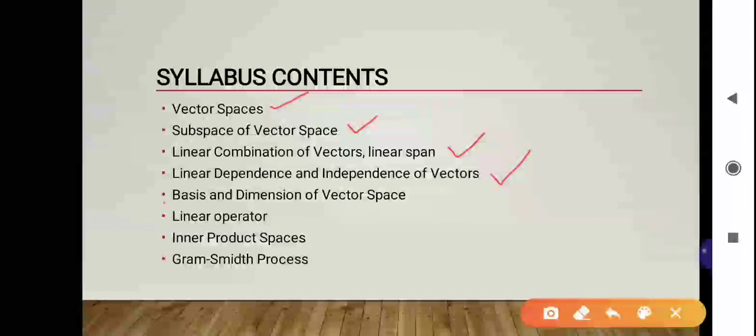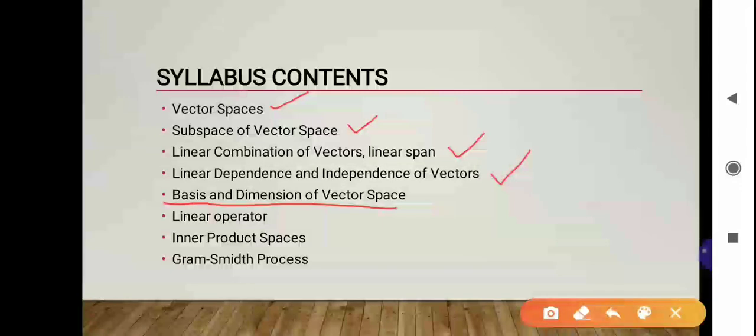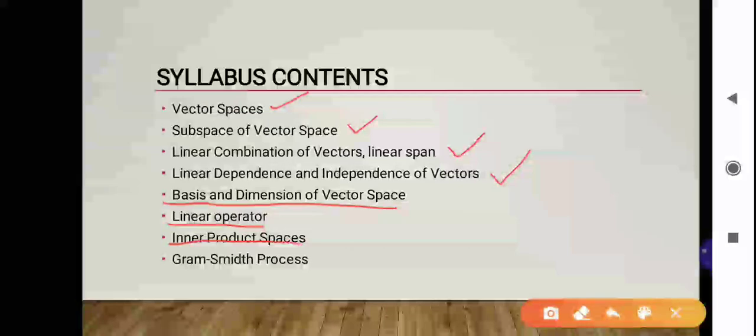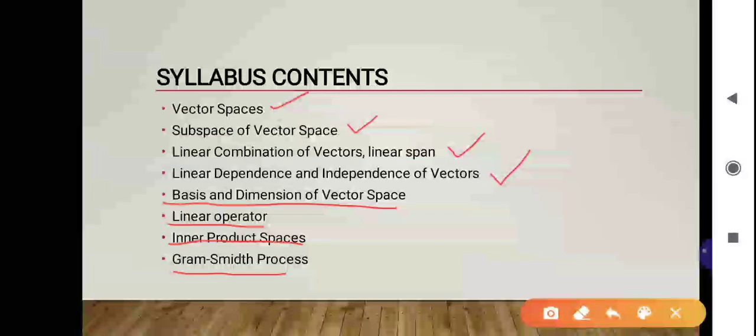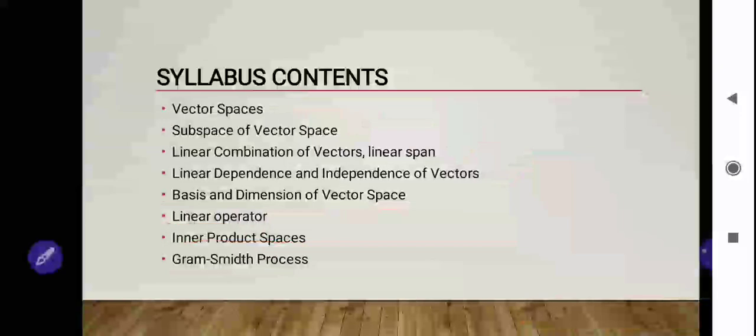We are going to learn basis and dimension of vector space, linear operator, inner product spaces, and the last topic is Gram-Schmidt process. So these are the syllabus content. These topics we are going to learn in this unit number 3.